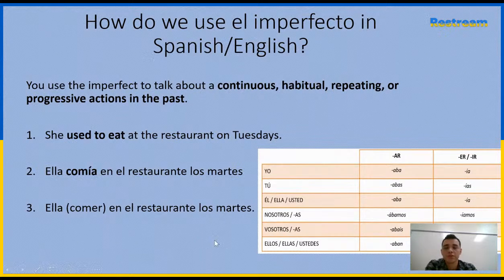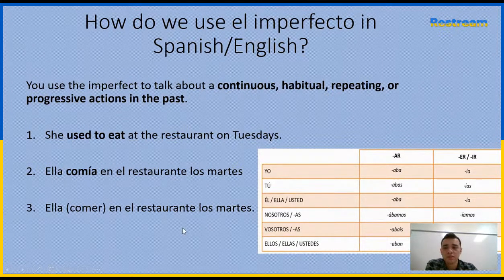In this case, we're using the subject pronoun ella, the verb is comer, and the verb ending is er. When you look at the chart, ella, él, and usted use the same verb endings: for AR it's aba, and for ER and IR it's ía.